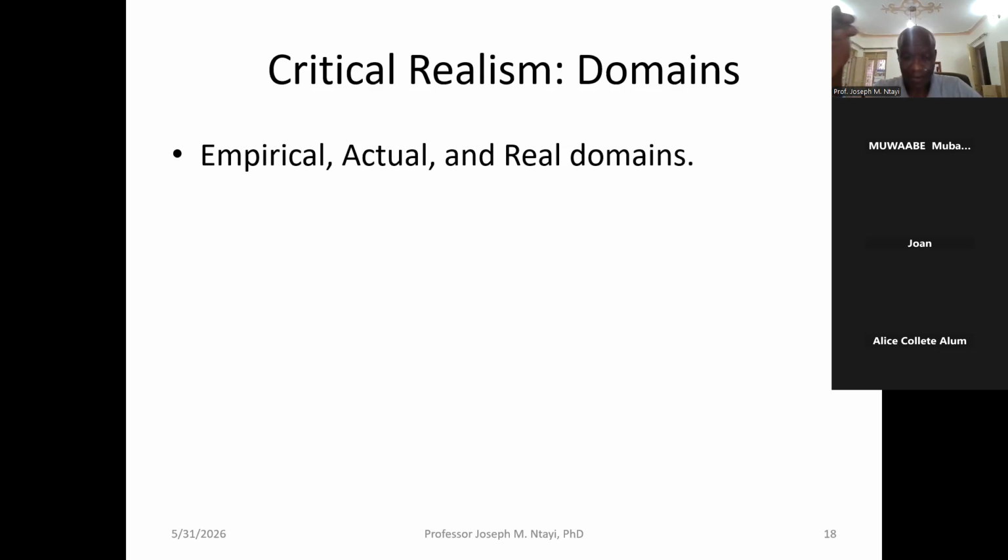Now, the second element that Roy Bhaskar brings out is the actual domain. These are events that occur, whether they are observed or not observed, these events will be there. That's the second pillar or domain that constitutes critical realism.